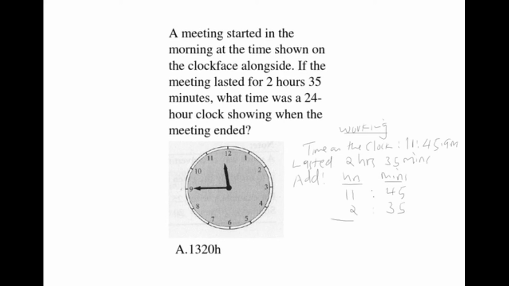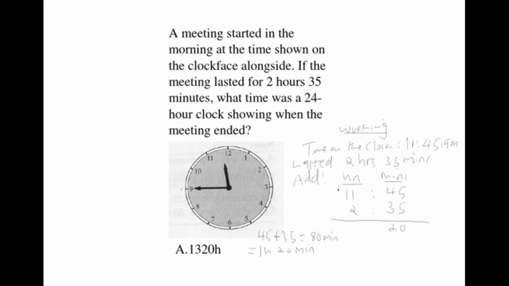So when we had 45 plus 35, we are getting 80 minutes. 80 minutes, when you convert to hours and minutes, is 1 hour 20 minutes. So you write the 20 minutes on the side of minutes. Then the 1 hour, you carry it, you add to the side of hours.